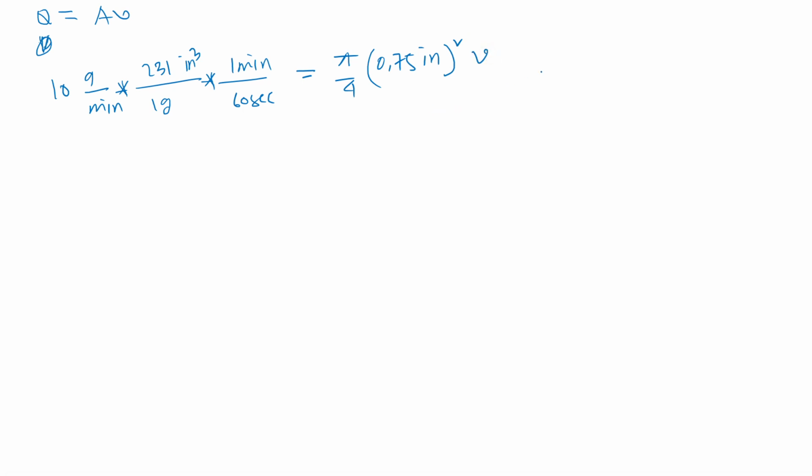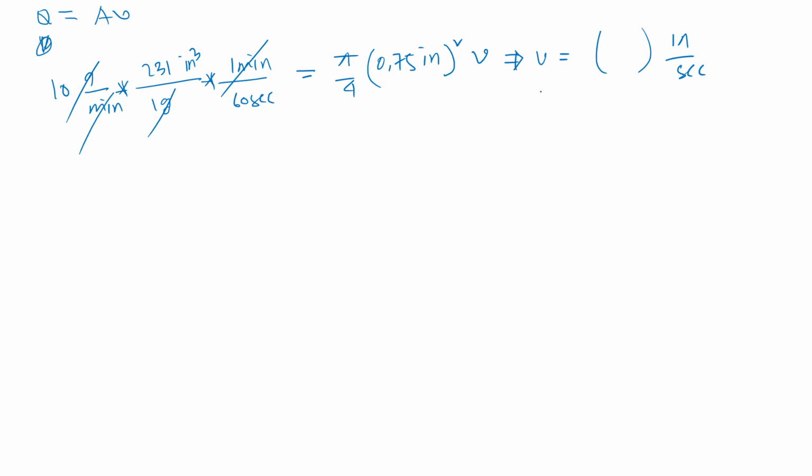Now from here, the velocity will come in inches per second. As you can see, the inch cube and inch square will cancel, the minute cancels, the gallon cancels, and you still have inch left and second left.